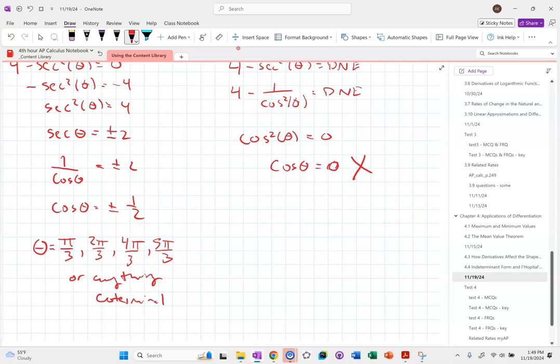I probably wouldn't give you something that has infinitely many critical values, unless it was a multiple choice question, in which case it would be there anyway, right? The 2n pi. I like finite things a little bit better. It seems less crappy, especially if it's a no calculator question. I don't know that asking you to do a bunch of trig stuff is super fair if you can't get partial credit out of it.